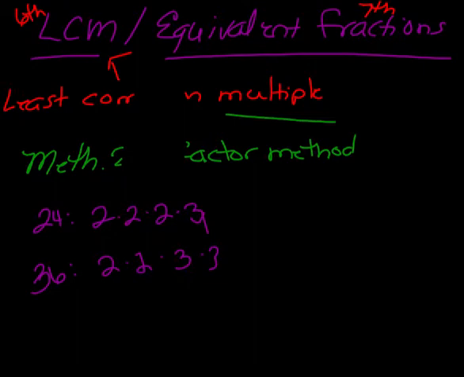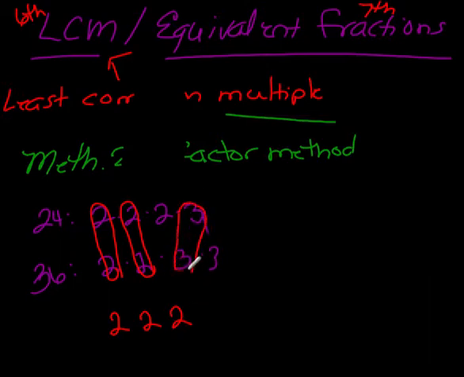All right, so now watch carefully what I do. Do you notice that these 2's right here create a pair? So that gives us 1, 2. These create a pair, which gives us another 2. This one is by itself, but that's okay. I'm still going to take it. So now I have three 2's. Then I have these 3's right here that create a pair, which gives us 1, 3.